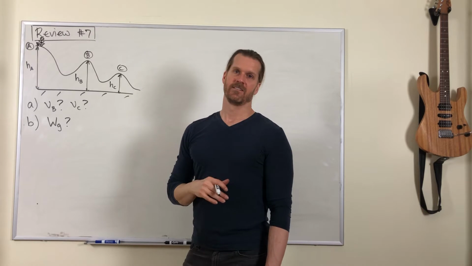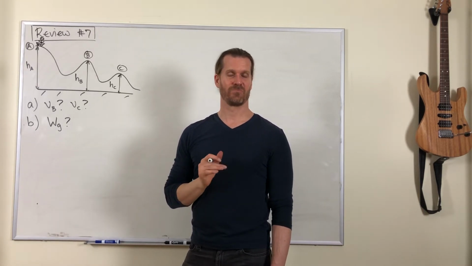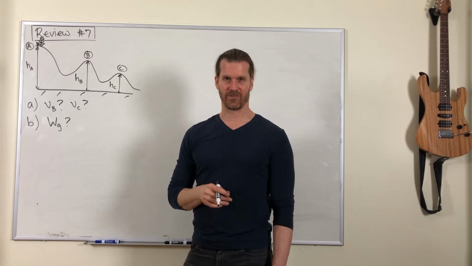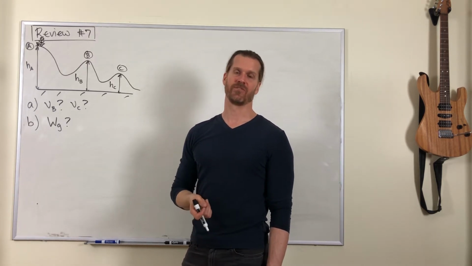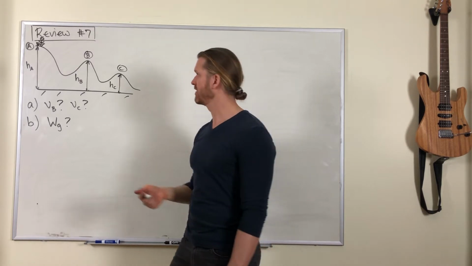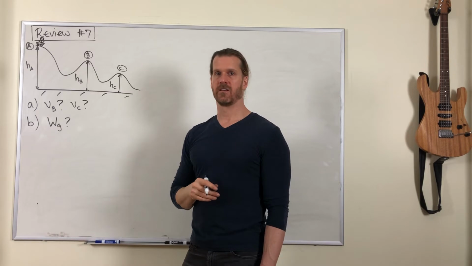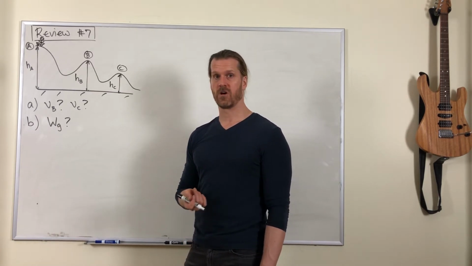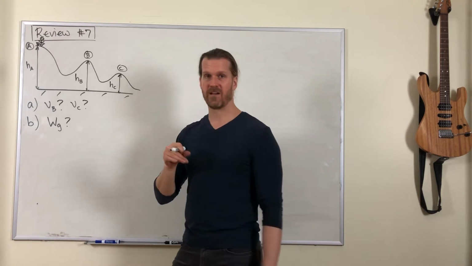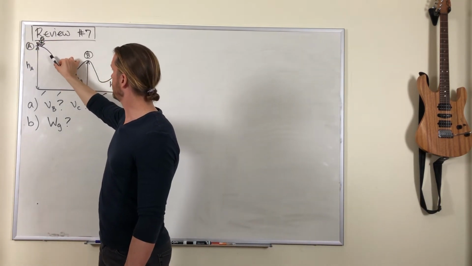This is one of those problems that is pretty simple to solve using conservation of energy. It would be extremely difficult to solve using Newton's laws of kinematics because there's this crazy curved path. If you tried to solve it using Newton's second law, you'd end up having to solve for the acceleration at each of the points along this path.